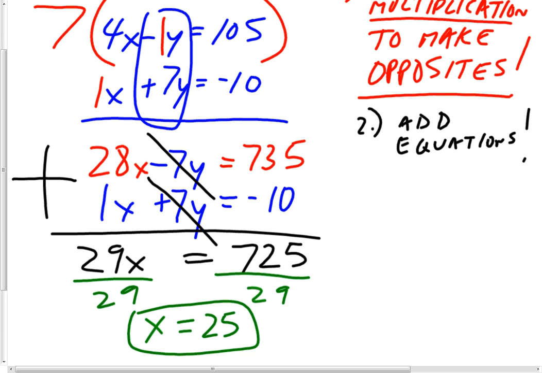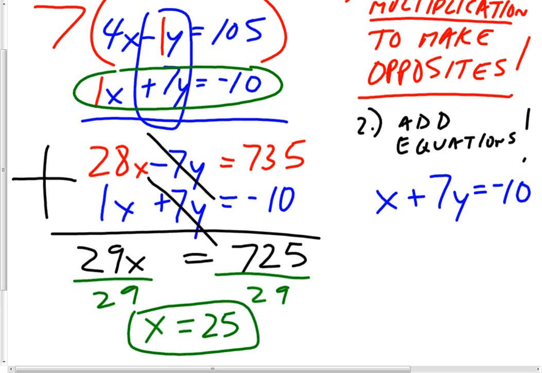Which equation is probably the easiest to use to find out what the y is? I use this one just because it has smaller numbers than 105. I'm going to put this right there.